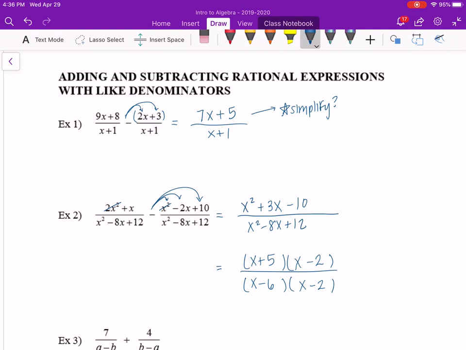And then once we're in factored form, we can cancel anything that, right, is either the same or opposites. So this one is going to end at x plus 5 over x minus 6.